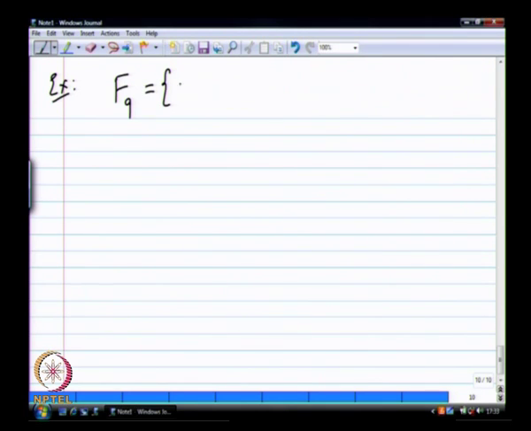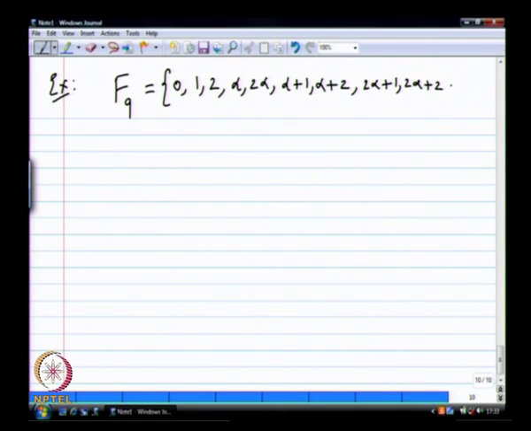9 elements. So 0, 1, 2 and then alpha, 2 alpha, alpha plus 1, alpha plus 2, 2 alpha plus 1, 2 alpha plus 2.